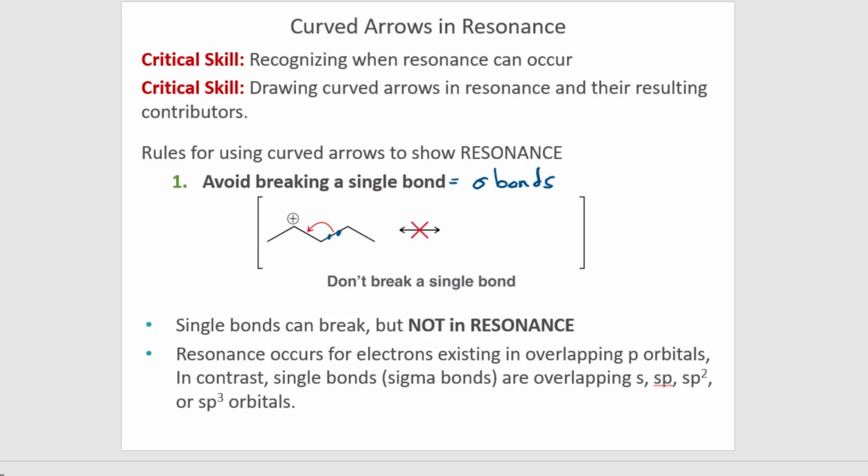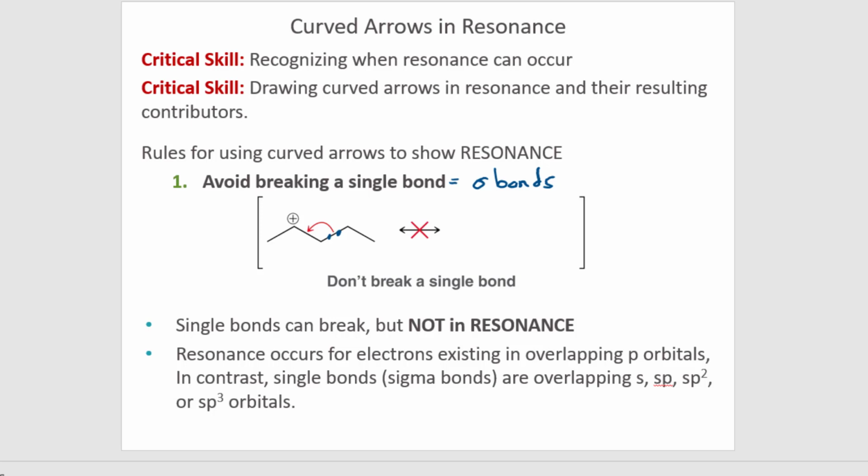Bond making, bond breaking is happening there. You're going to change the molecule too dramatically. That is not resonance. Resonance does not change the nature of the molecule. Resonance is something that's happening; it's not a reaction. So avoid breaking single bonds. Do not do that. So this example right here is not arrow pushing due to resonance.